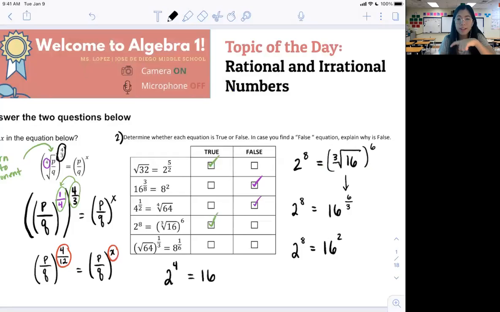So I can turn that 16 into 2 to the power of 4, and then to the power of 2, because I'm bringing down that exponent. The reason I'm doing that is so that the bases can match, and when the bases match, you can compare them. So now I can multiply 2 times 4 gives me 8.